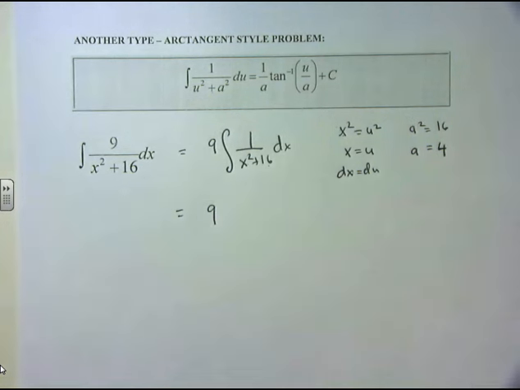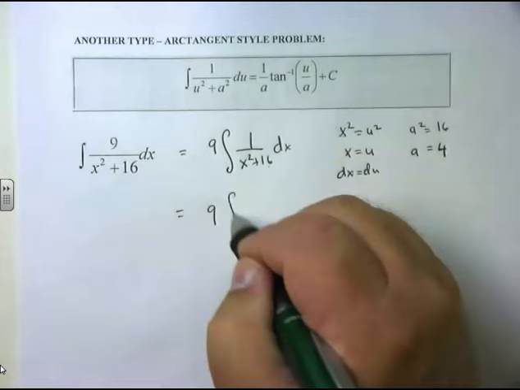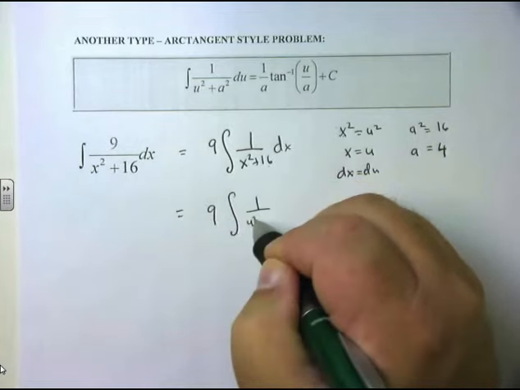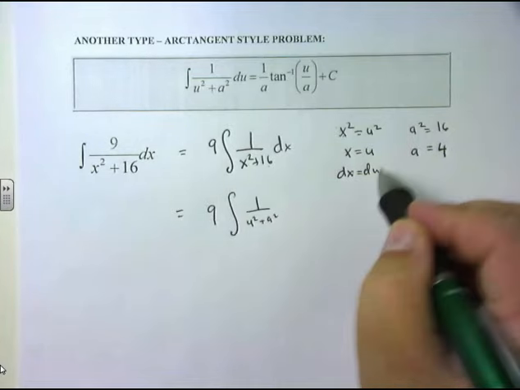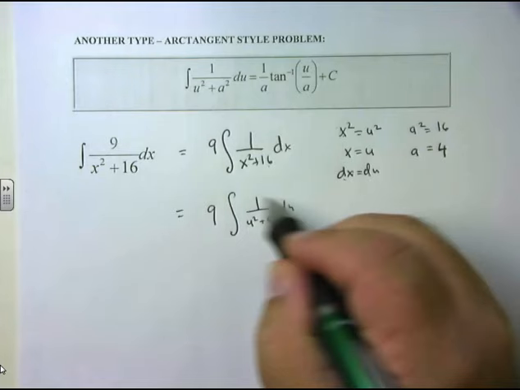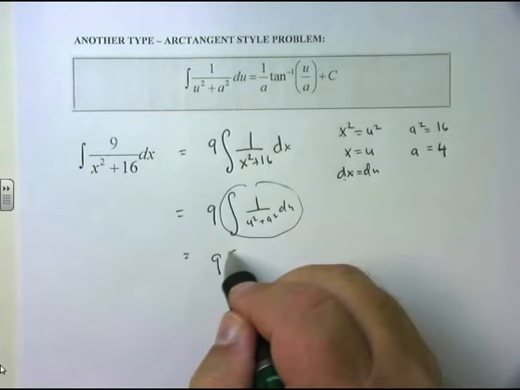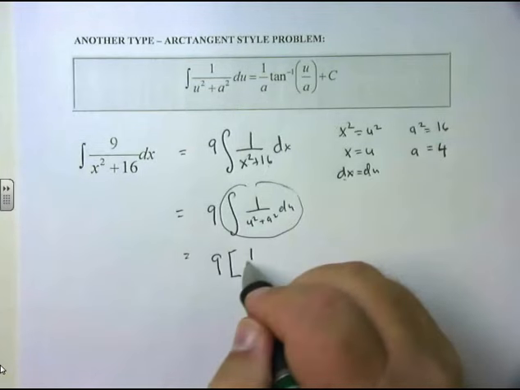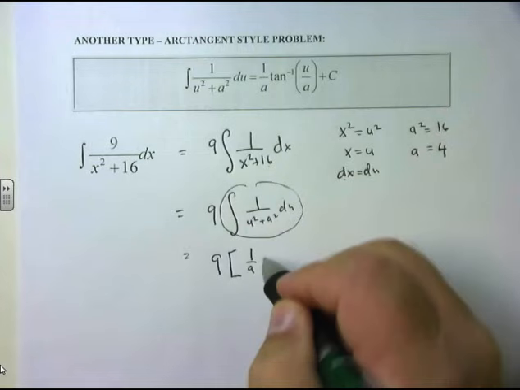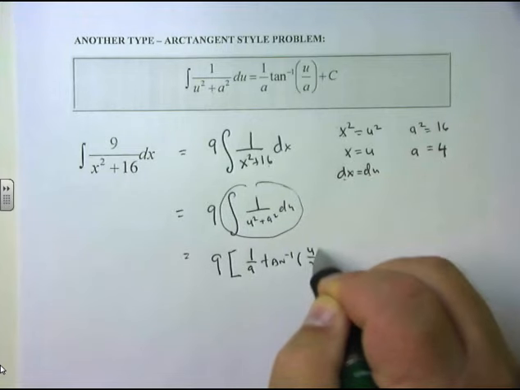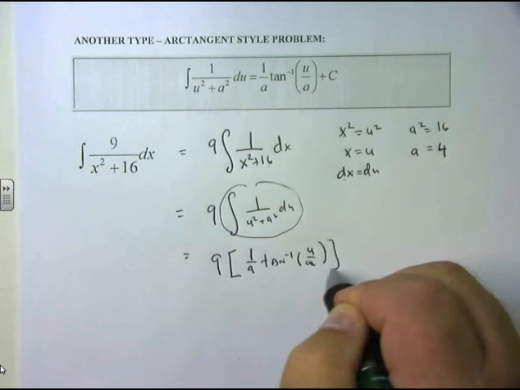So when I do my substitution, this is an integral, 9 constant holds over. 1 over, this was the u squared plus a squared, and dx gets replaced with du, which you'll notice is exactly the formula. So I plug in my integral form I have memorized. There'll be 9 times 1 over a times the tangent inverse of u over a plus c.